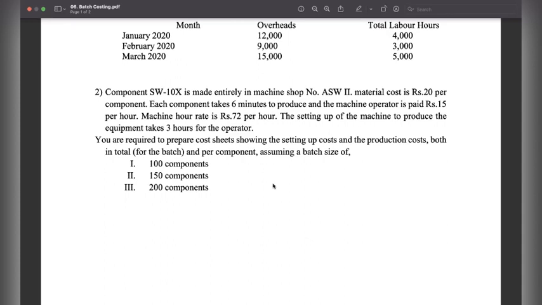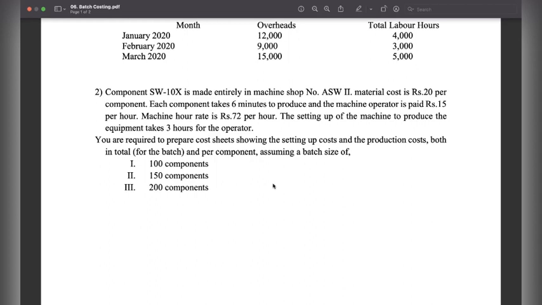Machine hour rate is 72 rupees per hour. The setting up of the machine to produce the equipment takes 3 hours for the operator. You are required to prepare cost sheets showing the setting up costs and production costs, both in total for batch and per component, assuming the batch size of 100 components, 150 and 200.